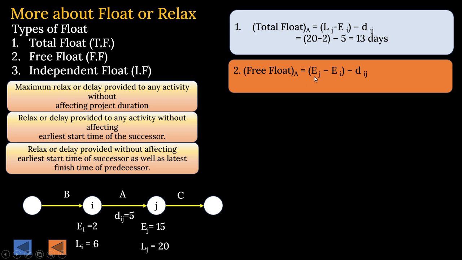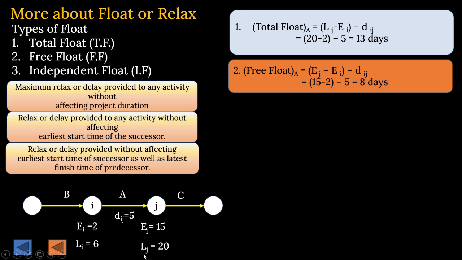What is the free float talking about? Without affecting the earliest start time of the successor. The earliest start time of the successor is what? EJ is 15, because the earliest finish time of activity A is 15. That means that is the earliest start time of activity C.